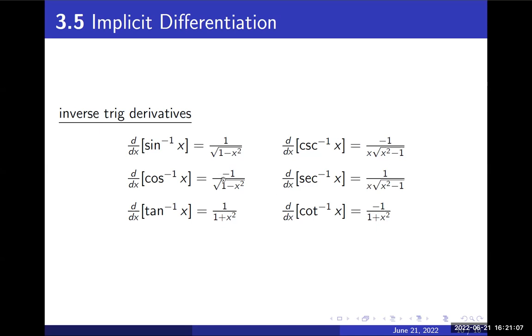So again, all the co-functions are negative, right? So there's really just 3 that you have to know: inverse sine, inverse secant, inverse tangent, and then the co-functions are the negatives of those. And probably inverse secant is the hardest one because it switches the order in the square root, and then there's an extra x there, but it is what it is.